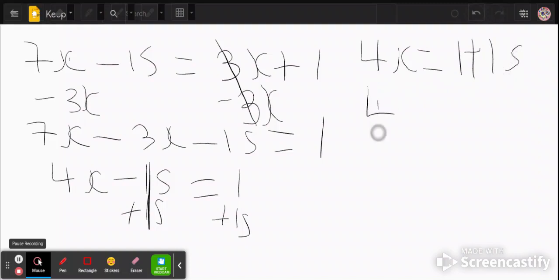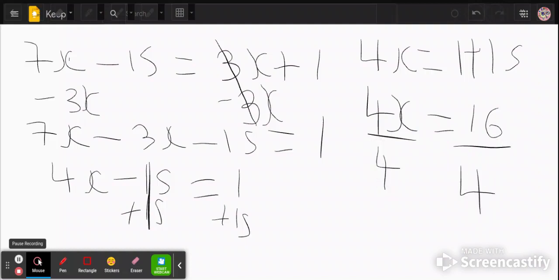Now 4x would equal 16 because 1 plus 15 gives you 16. So to get x by itself, we'll divide both sides by 4, and therefore x is equal to 4. So that's basically it with equations with like terms.